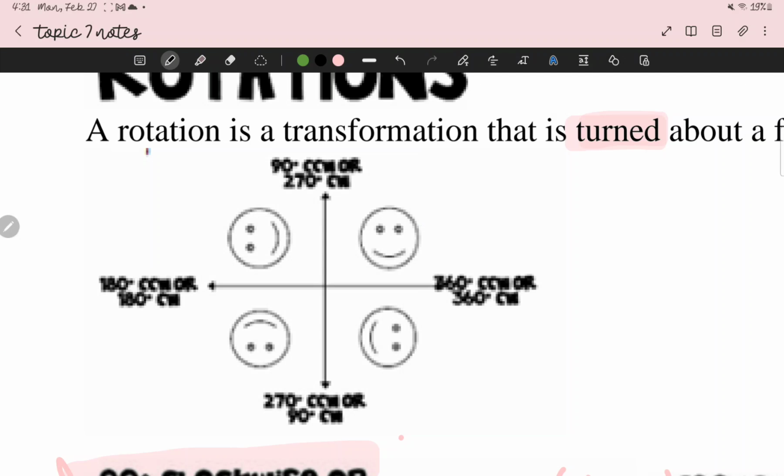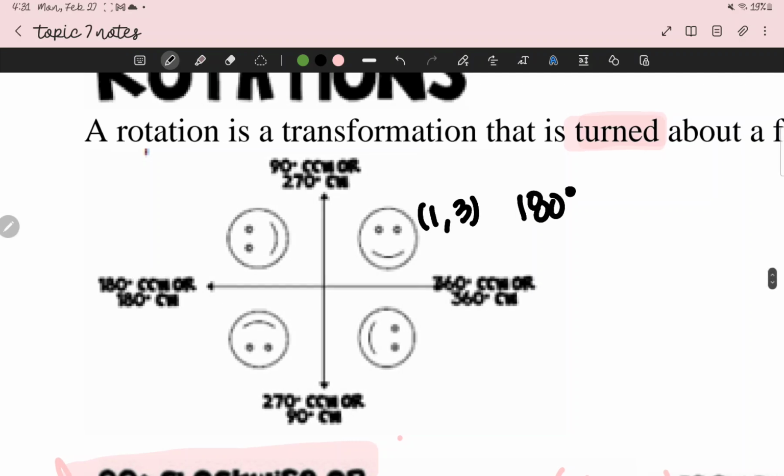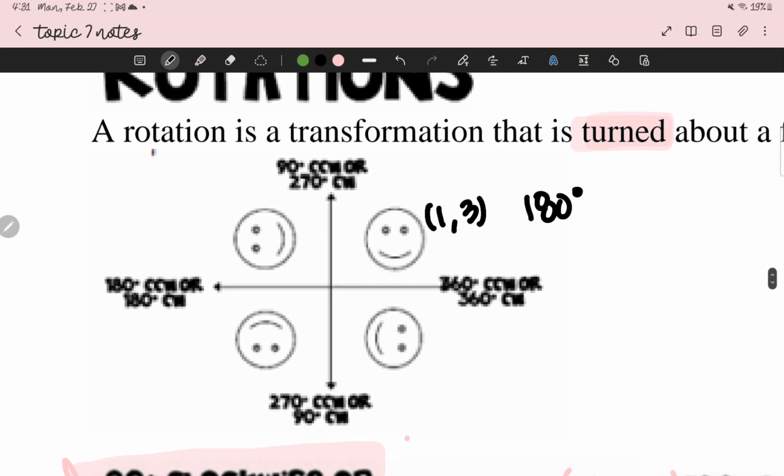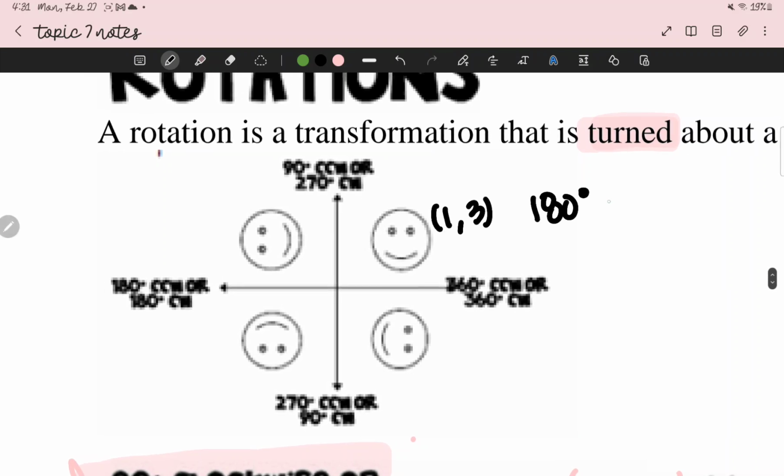So if I had the point 1, 3, and let's say I wanted to rotate it 180 degrees counterclockwise, it doesn't really matter, that's going to be two different 90s. It's two of the 90 degrees.